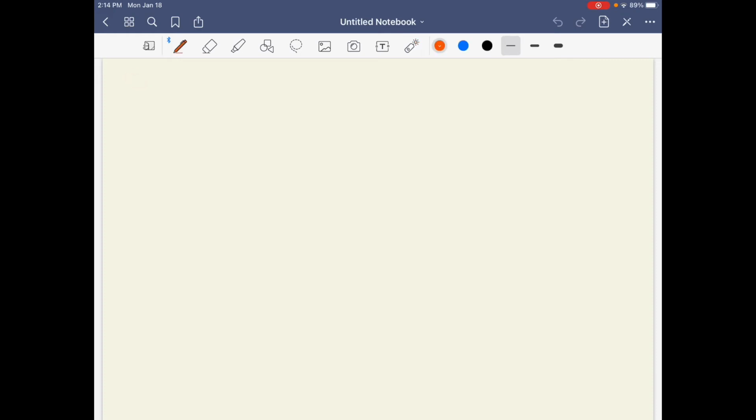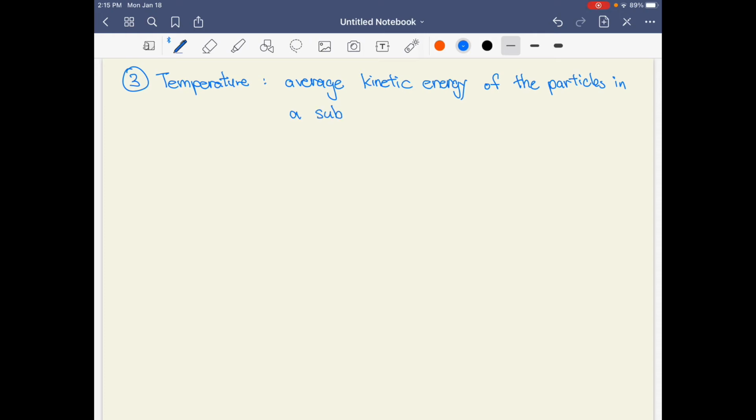So the third definition, which I kind of talked about already, is called temperature. What that is really just a measurement of the average kinetic energy, which is the energy of motion, of the particles in a substance.